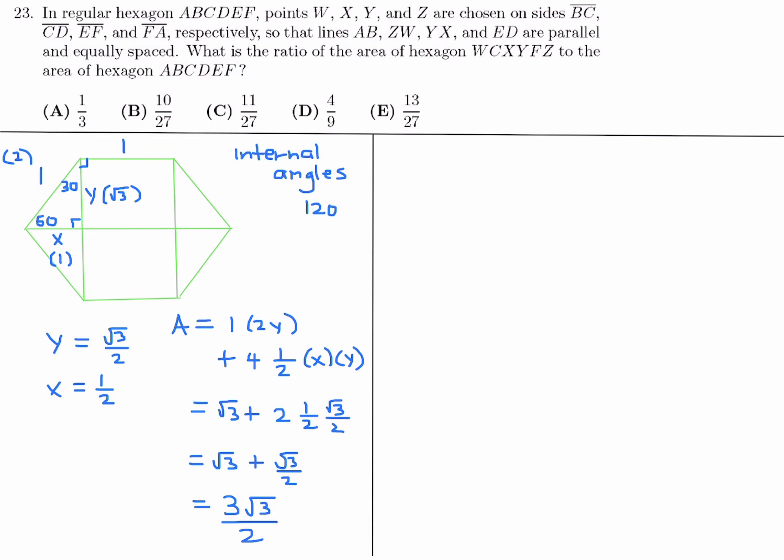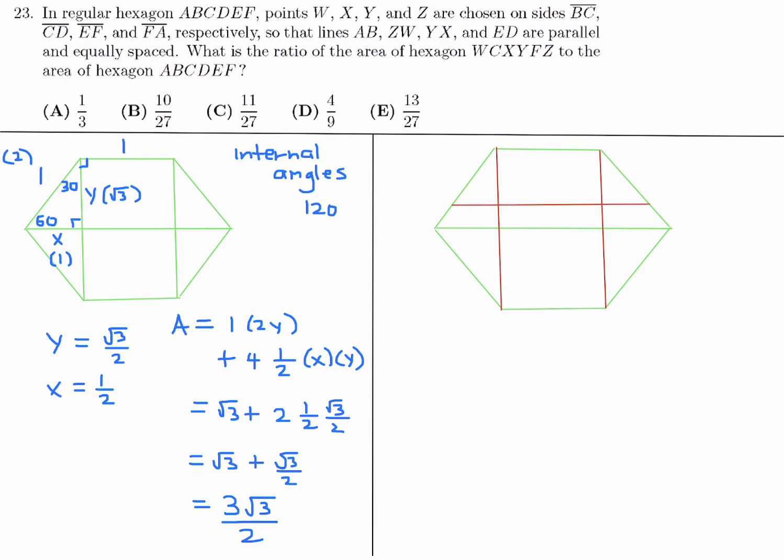Now we have to concentrate on the other guy, this one right here. Now the key thing is that when they say that these lines are being drawn equally spaced, that really helps us out with regard to where they are. When they're equally spaced, that means the lines ZW and YX will chop that red line into 3 equal parts.